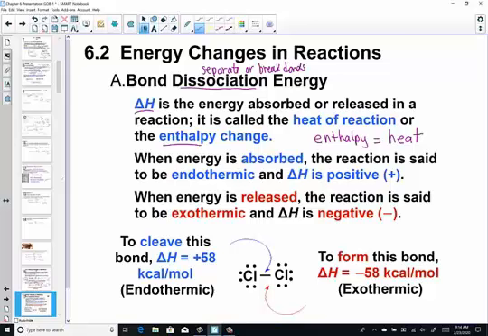The enthalpy change is the heat content through the course of a chemical reaction. Remember, to break bonds, it requires energy. That was an endothermic process. Notice that it has a positive sign for the kcals per mole. Endothermic, delta H, will always be positive.